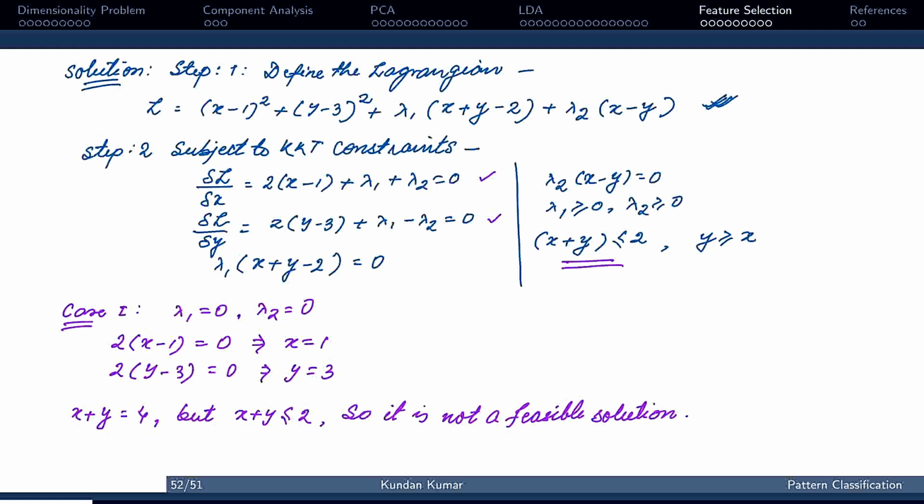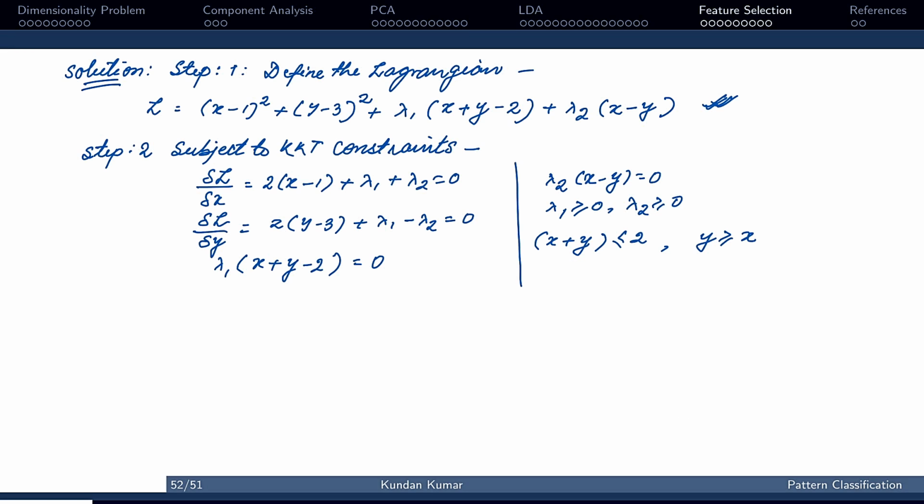Now let us consider case 2. In case 2, we assume lambda 1 equal to 0. However, we consider lambda 2 as non-zero. So if we consider the equation lambda 2 into (x minus y) equal to 0, here we have considered that lambda 2 is non-zero, but this complete expression is 0.